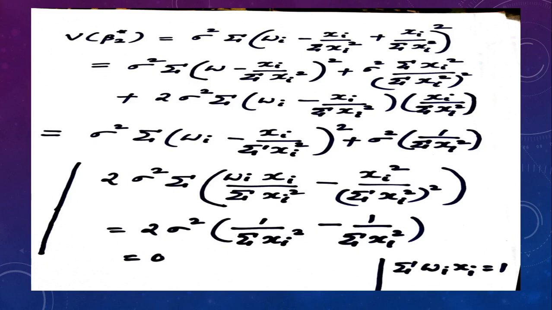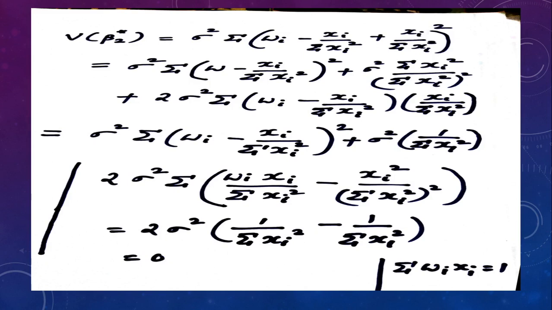So this is equal to sigma square into, we are expanding that, sigma square into sigma, we are writing the square of the first term. So we are taking wi minus xi divided by xi square together. So sigma (wi minus xi divided by sigma xi square) the whole square, plus square of this next term, sigma square into sigma xi square divided by sigma xi square the whole square.